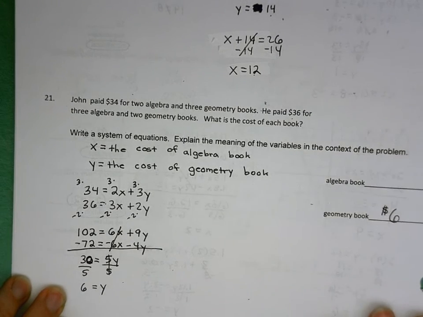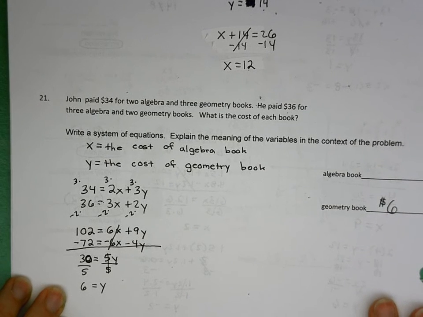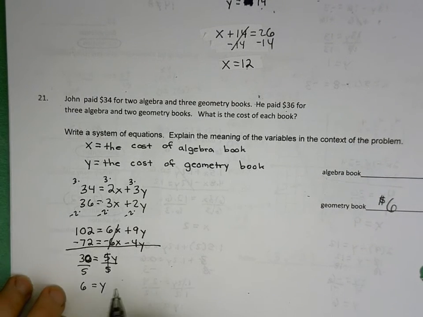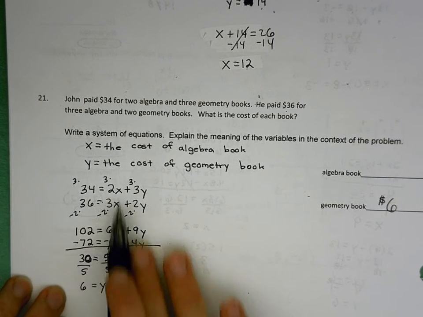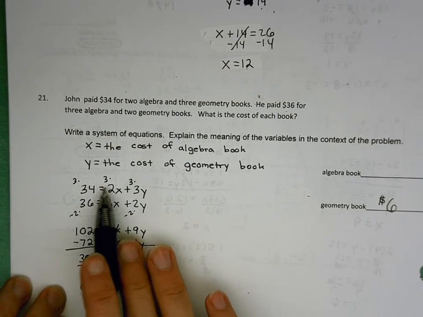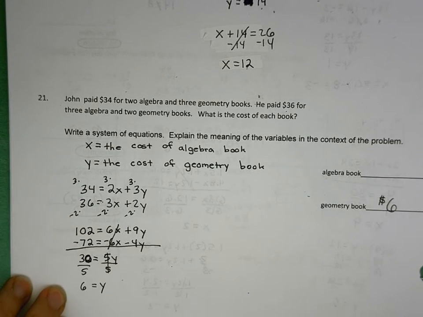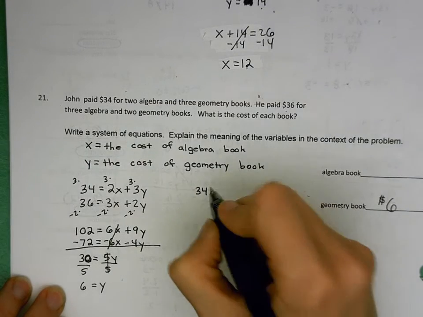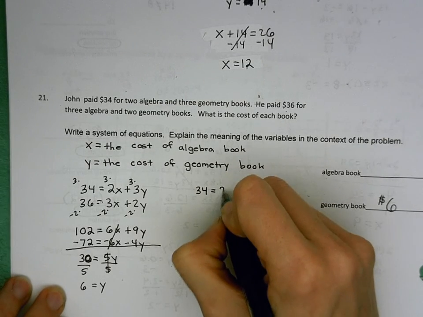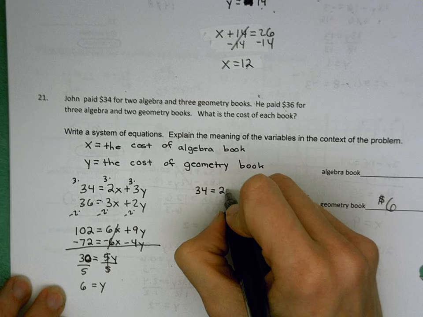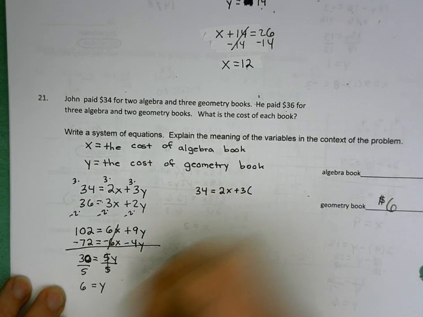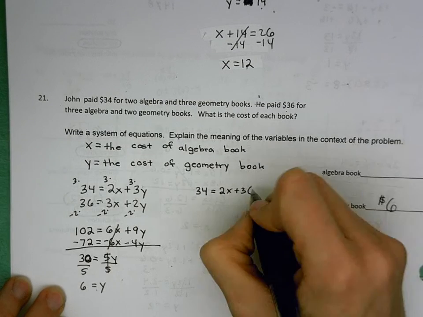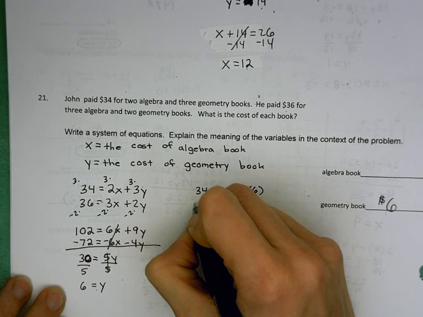Okay, algebra book then. It doesn't matter which one you plug it into, so pick one. I'm going to pick the top one because it has a slightly smaller number. Again, if you have the time, plug it into both to double check. So we have 2 times x plus 3 times my y, which is 6. So we get 34 equals 2x plus 3 times 6 is 18.